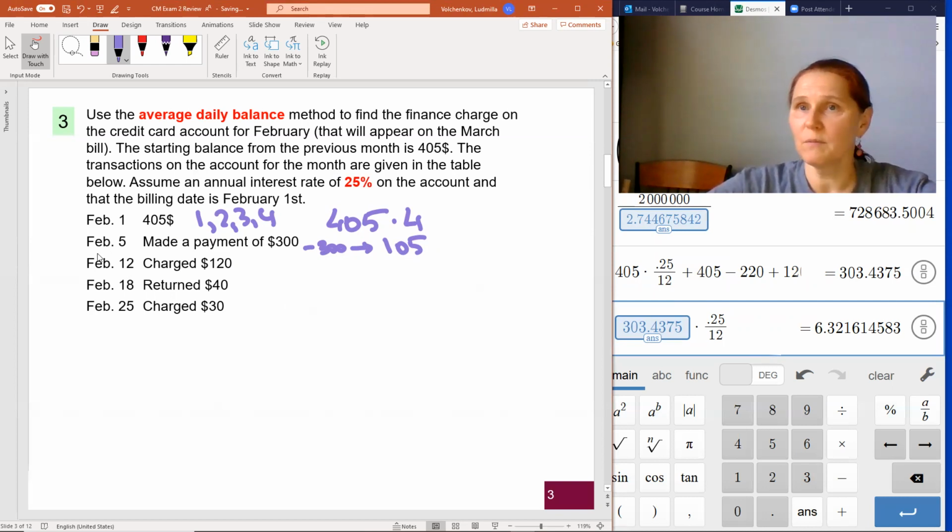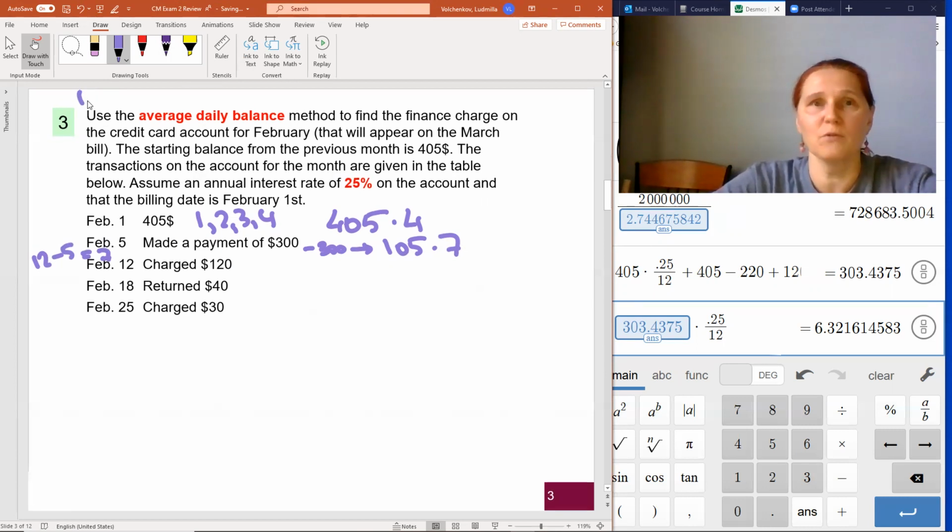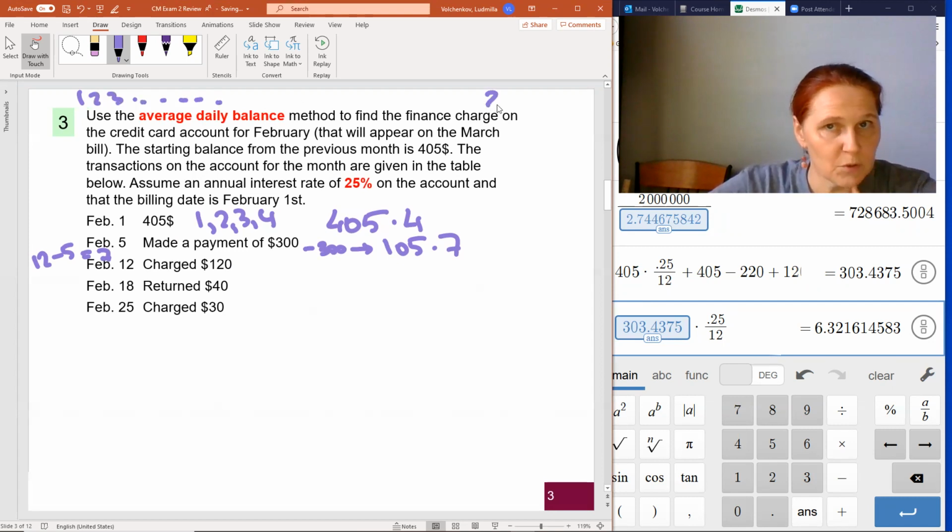Here in the middle of the month, we can just subtract 12 minus 5 is 7 days. So to be sure, if you don't know where you can subtract, where you cannot subtract the dates, just list the dates for the whole month, second, third, until we have February 28 days.